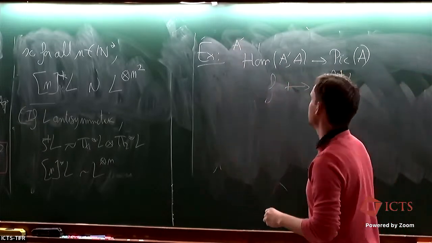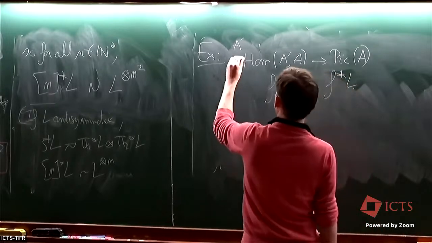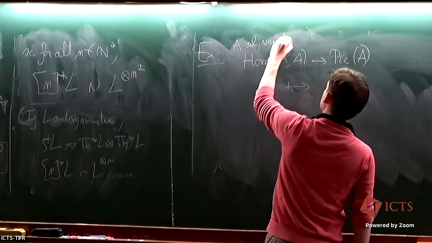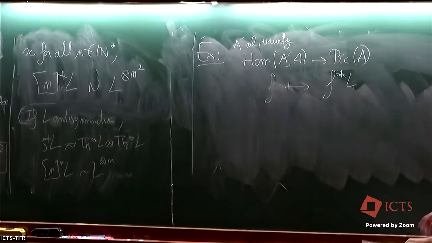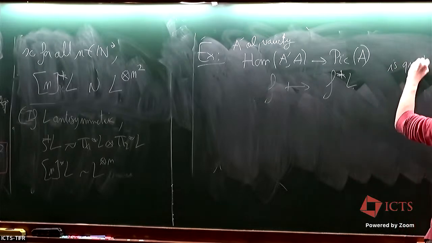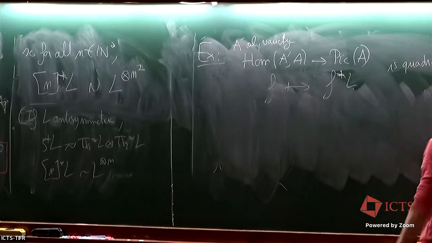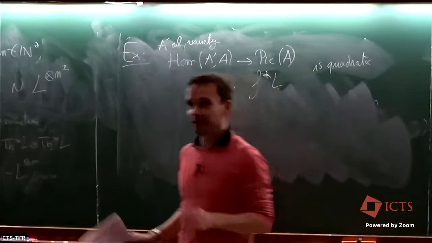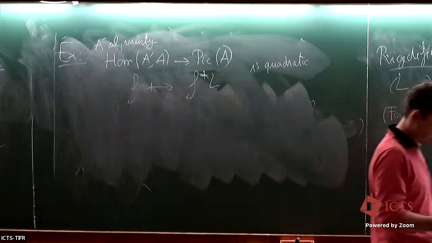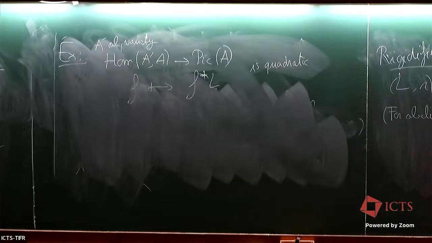Think even something general works. You want to say that this is quadratic. Okay, think about what it means. I will not tell you what it means, but we can really make sense of it. Quadratic function.